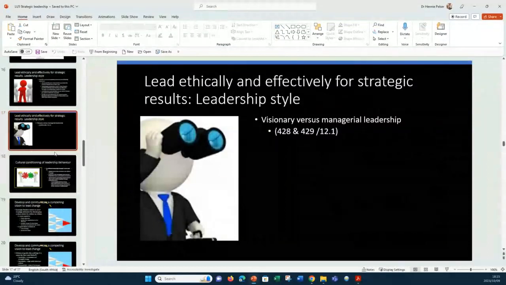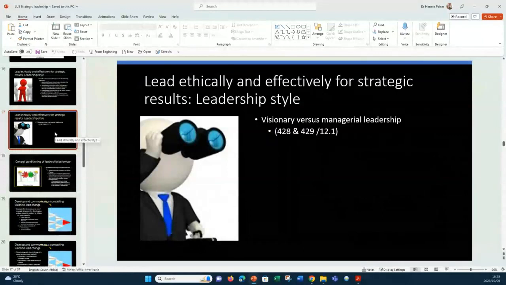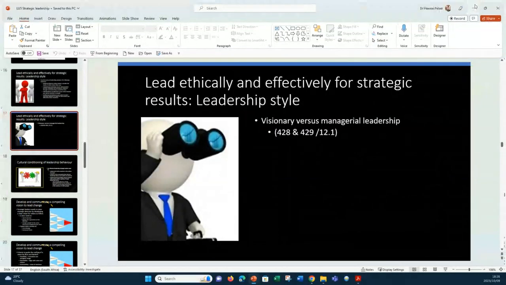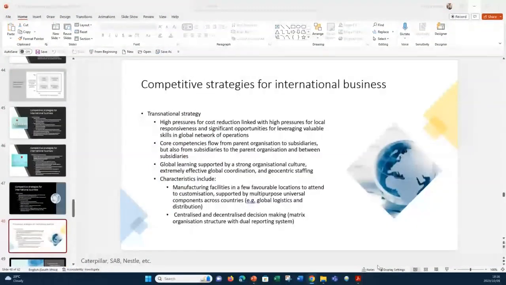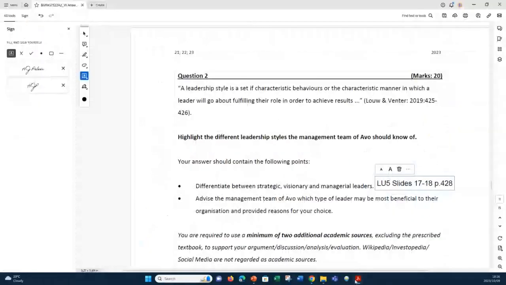Yes, you have to. So in terms of attacking this question, you will take each of those leadership options, pages 428 and 429.